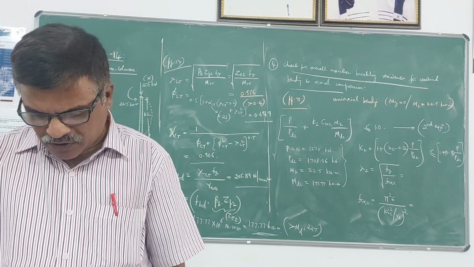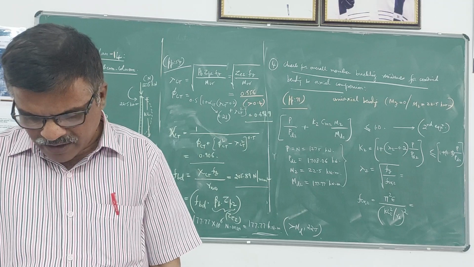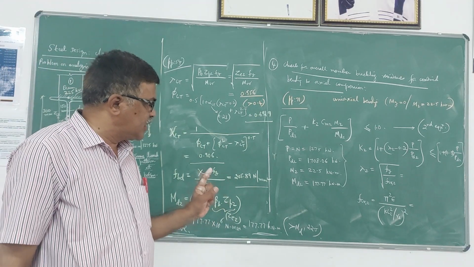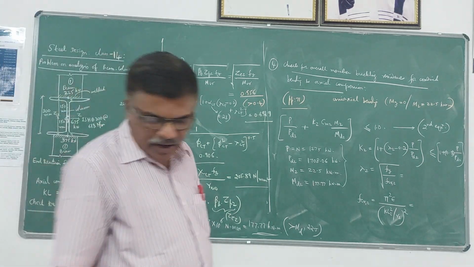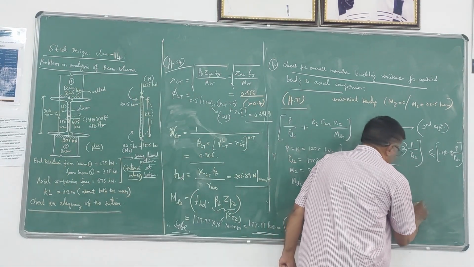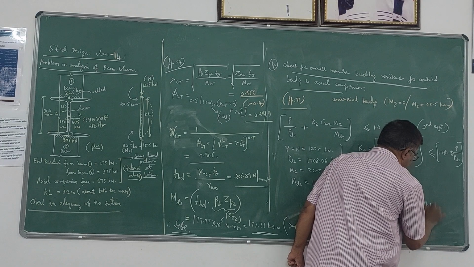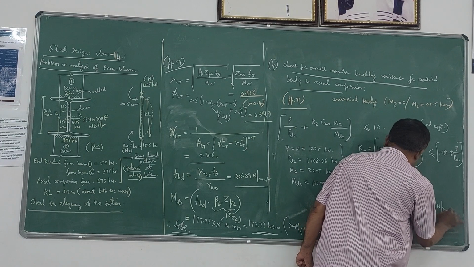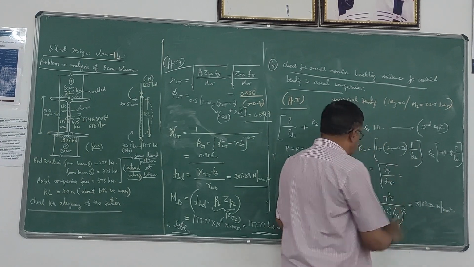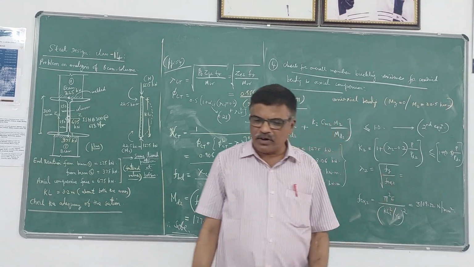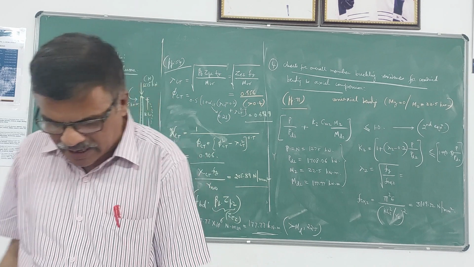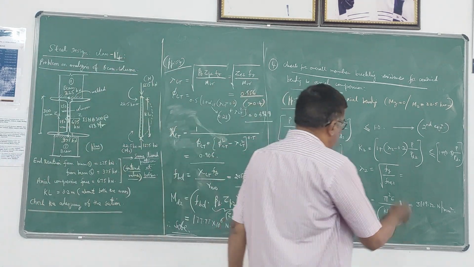Now if you substitute all the values and simplify, you get this Fcrz value as 3109.32 Newton per mm square. You substitute that Fcrz here, take Fy as 250, and simplify, and you get lambda z as 0.2835.